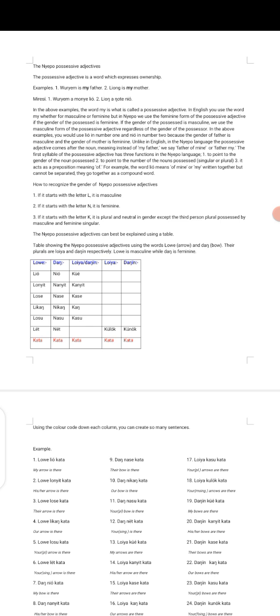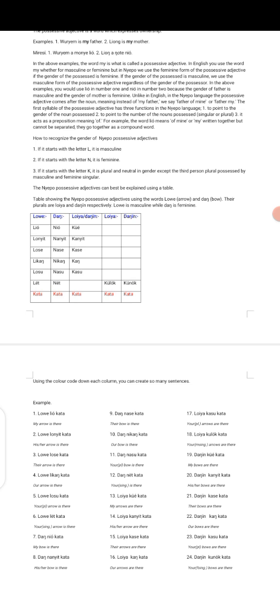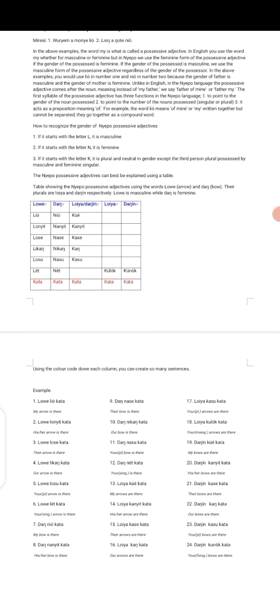Unlike in English, in the Nyepo language, the possessive adjective comes after the noun, meaning instead of my father, we say father of mine or father my. The first syllable of the possessive adjective has 3 functions in the Nyepo language. 1, to point to the gender of the noun possessed. 2, to point to the number of the nouns possessed, that's to say singular or plural.